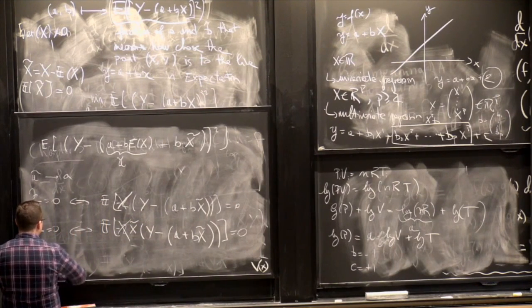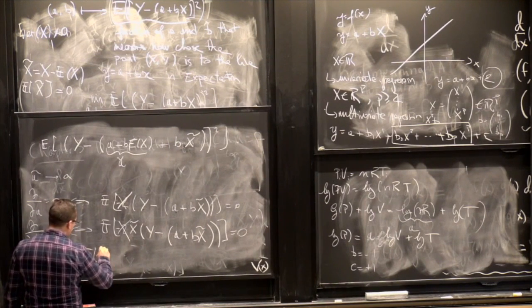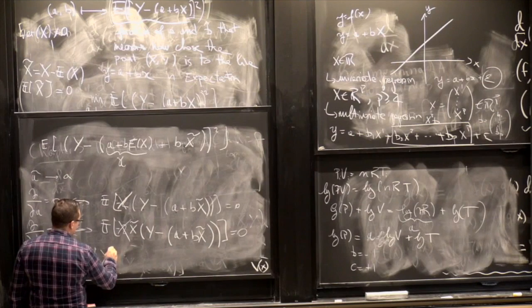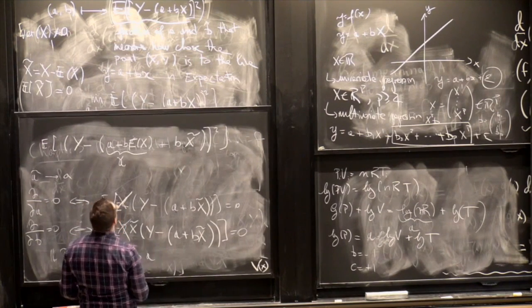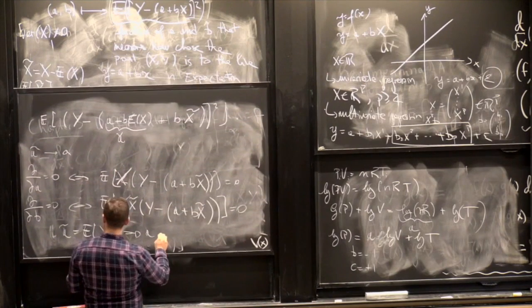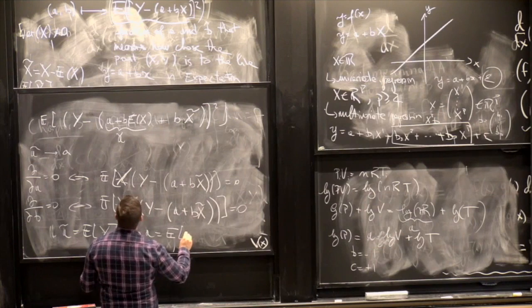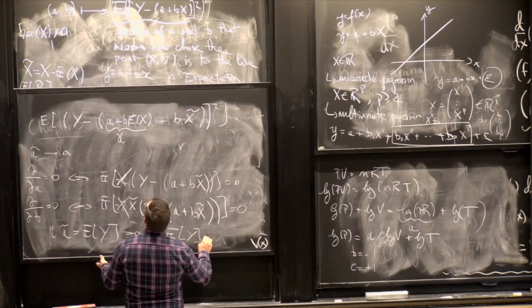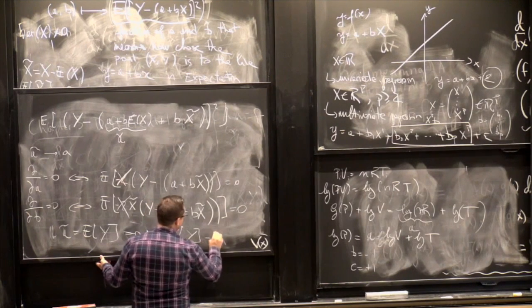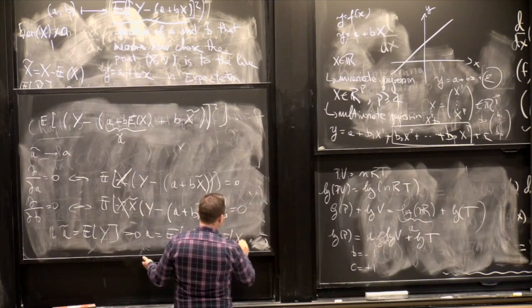So what I know is that a tilde is equal to the expectation of y, which implies that the a I want is actually equal to the expectation of y minus b times the expectation of x.